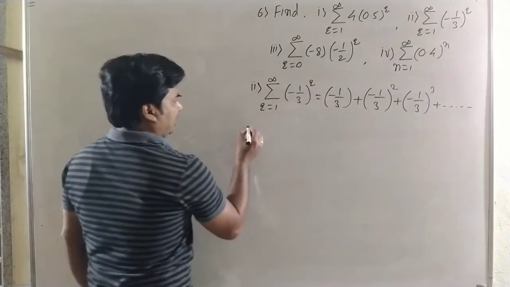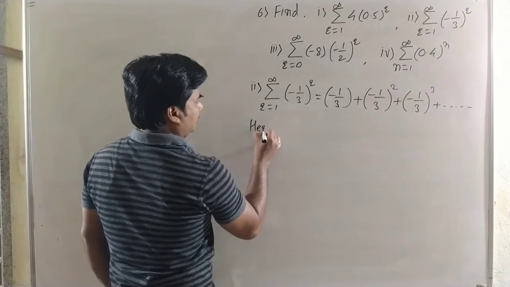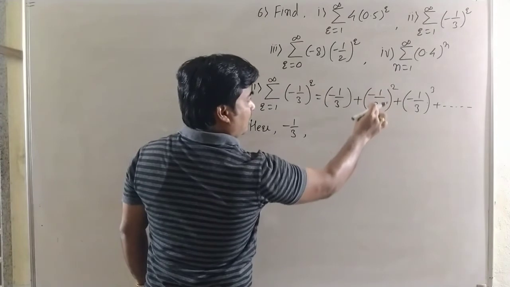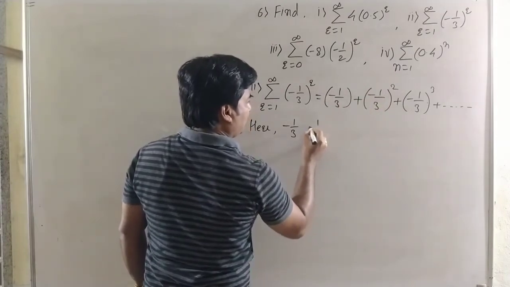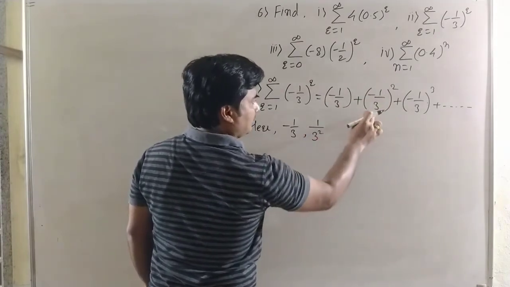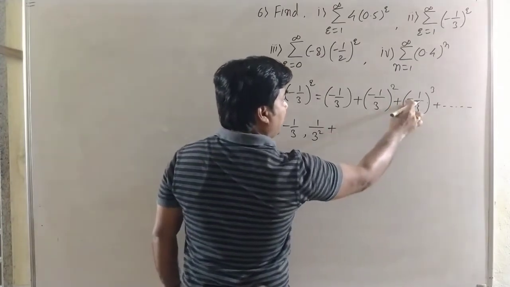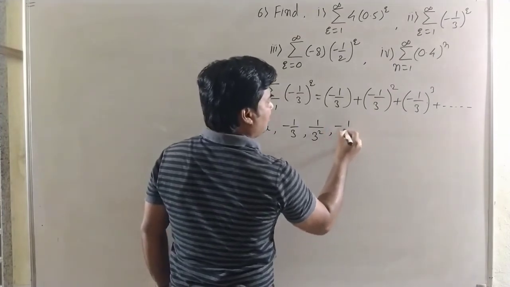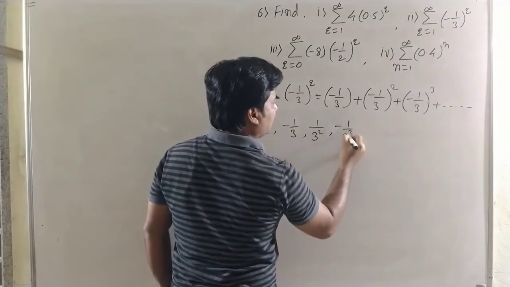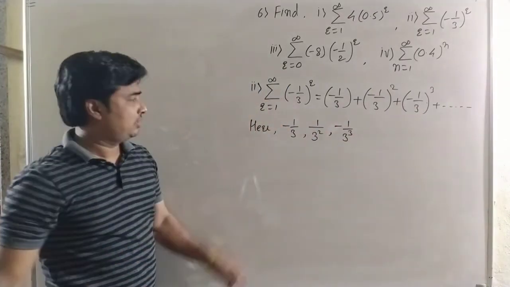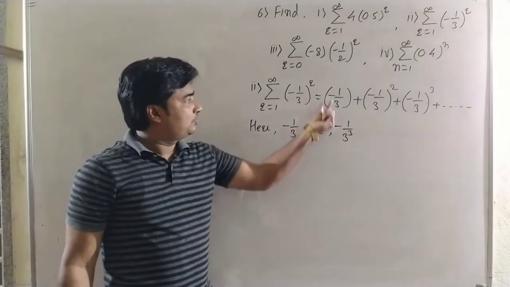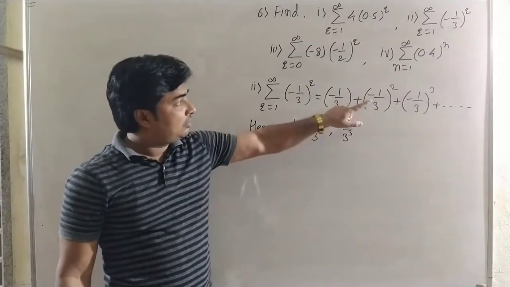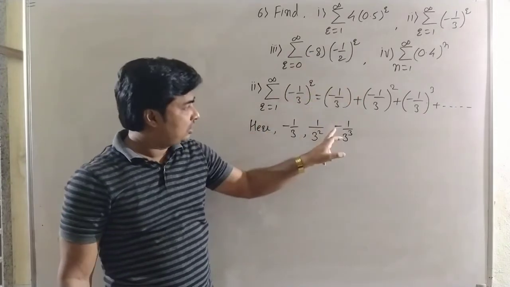Here the first term is minus 1 by 3, the second term is minus 1 by 3 square, so this minus becomes plus, that is 1 by 3 square. The third term is minus 1 by 3 cube, so it is minus as it is.